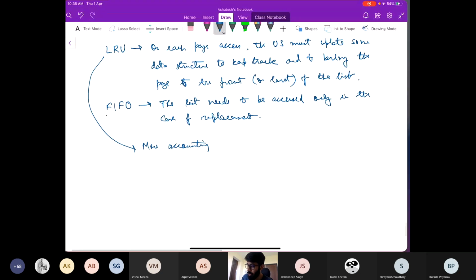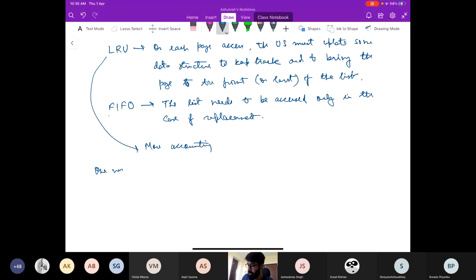So one way to do this is to have some hardware support. When the page is accessed, add a timestamp.